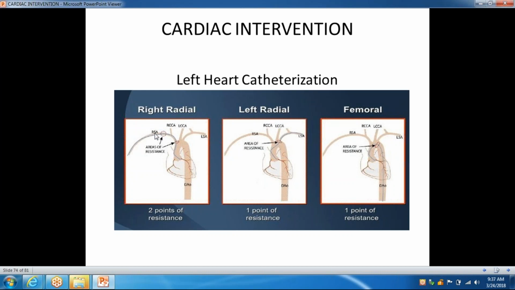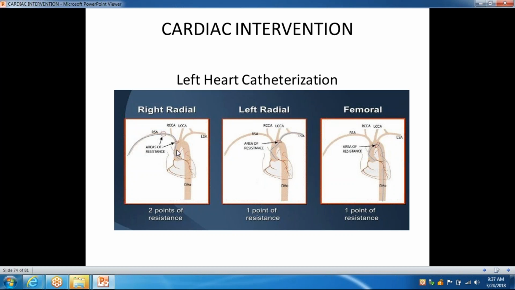So I use a 3.5 left Judkins catheter, and sometimes you have a little problem getting it over this little bend and getting it into the ascending aorta. But with practice, you can get this fairly quickly. And then you cannulate your left main, you inject dye and get pictures.